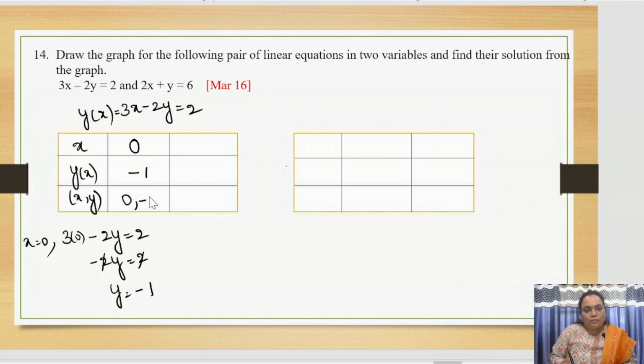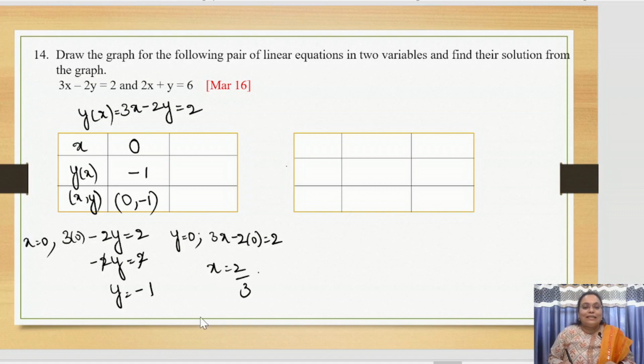This is 0 comma minus 1. And when y is 0, you will get 3x minus 2 of 0 is equals to 2. So you will get x is equals to 2 by 3, which is again a decimal number. Okay. So we will try to avoid decimals. So we will take y is equals to 1 and see. So if y is equals to 1, so this will be 1.